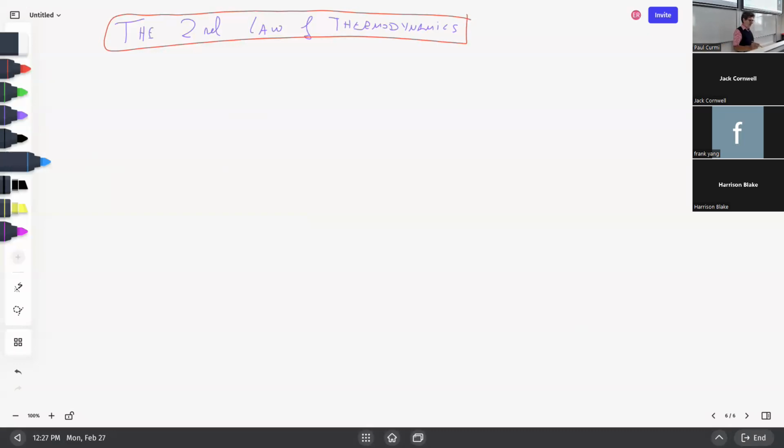Okay, so what is this second law? It's a postulate or axiom of classical thermo. It's based on experience.